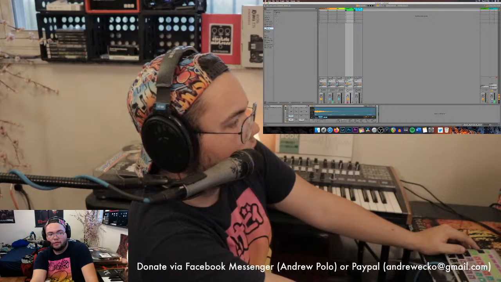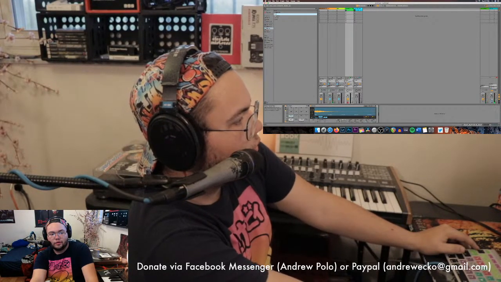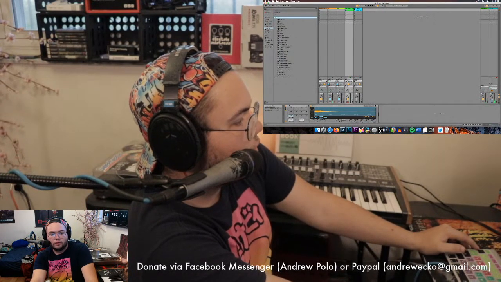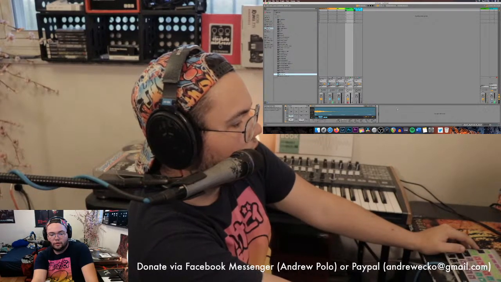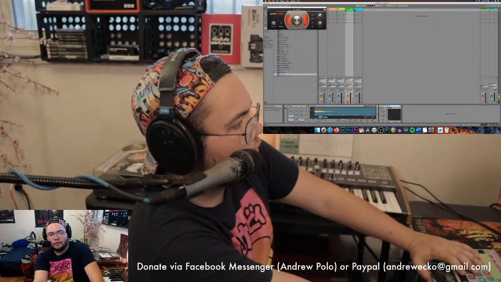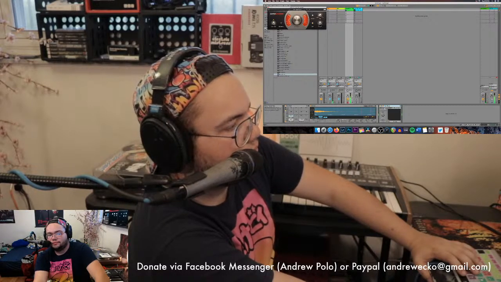So the one that I've been using recently would be, where does it go? Here, Supercharger. This one is from Native Instruments, and it's a nice little compressor, limiter sort of thing. So what I do want to do to this is compress this with the main knob, dirt, punch.